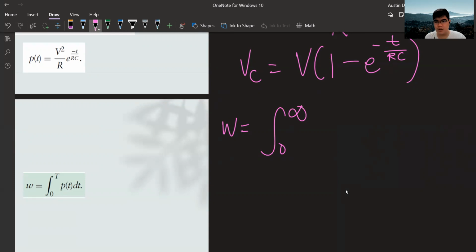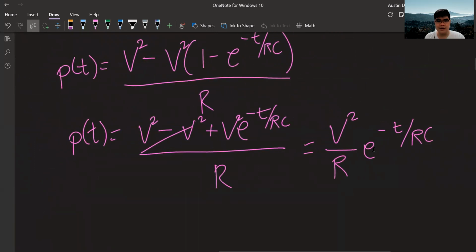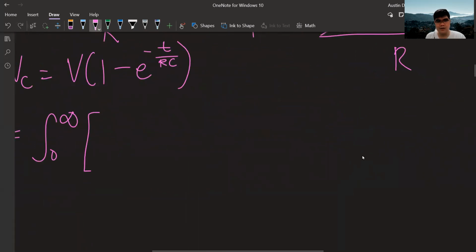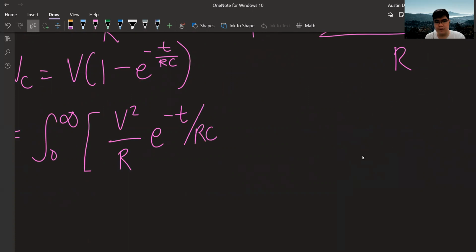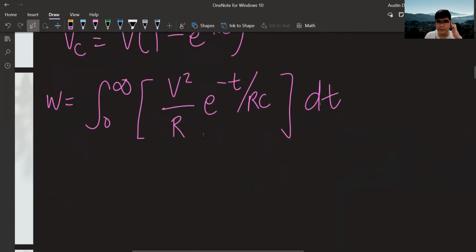So, kukunin natin ngayon total power na ginigive off nung source natin: V squared over R times e raised to negative t over RC, and then dt. Okay? This is fairly simple.